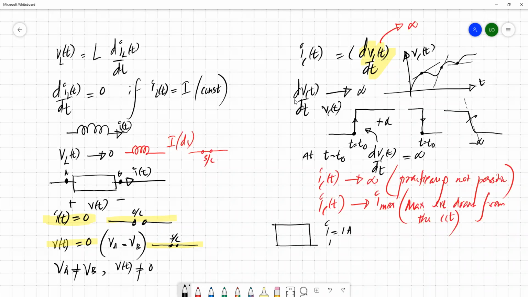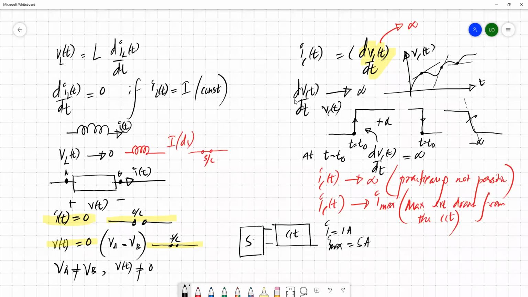The source can deliver 5 ampere current. So this is the I max which that particular source can deliver. This circuit basically manages 1 ampere maximum current. Then you connect this circuit to a source that can drain out a maximum of 5 amperes.